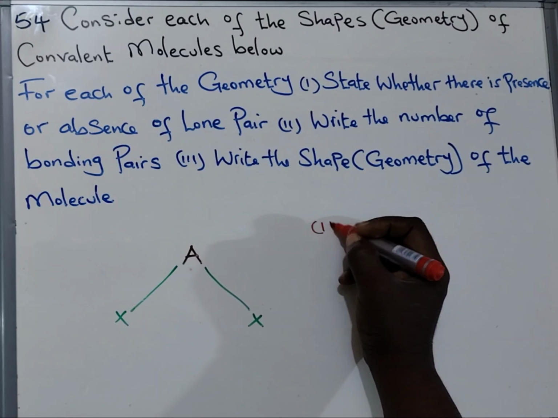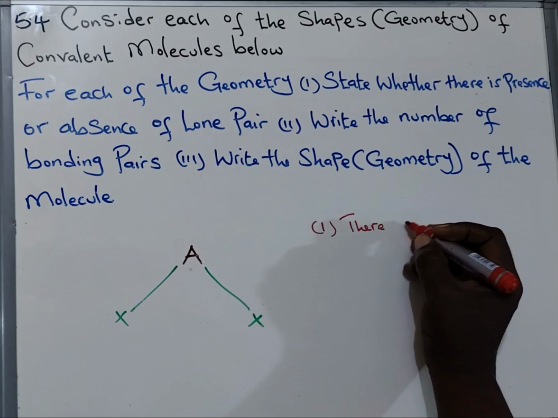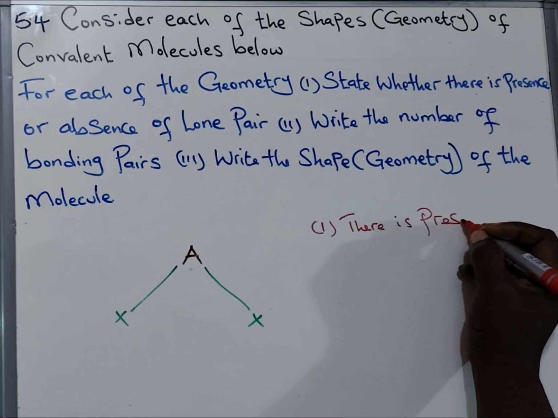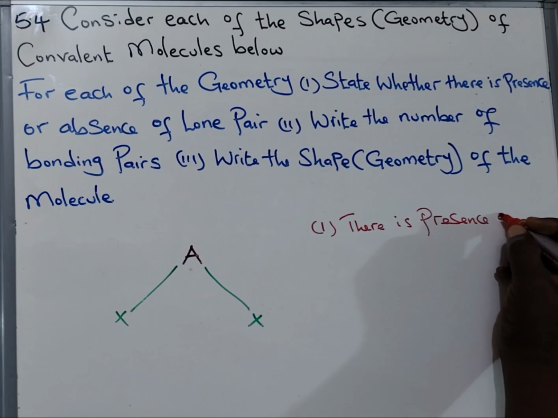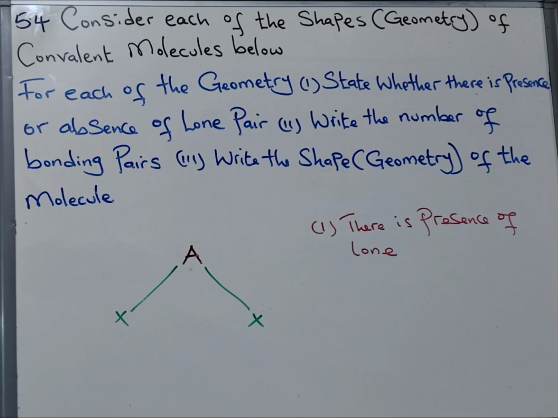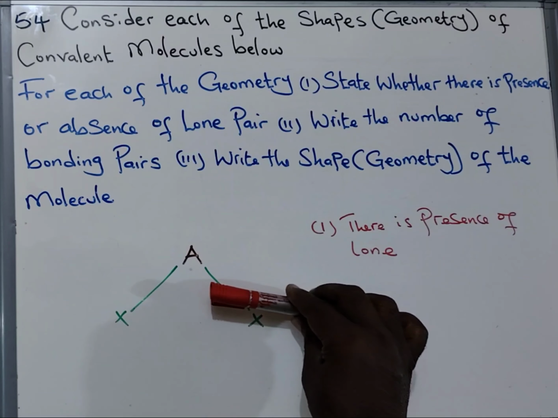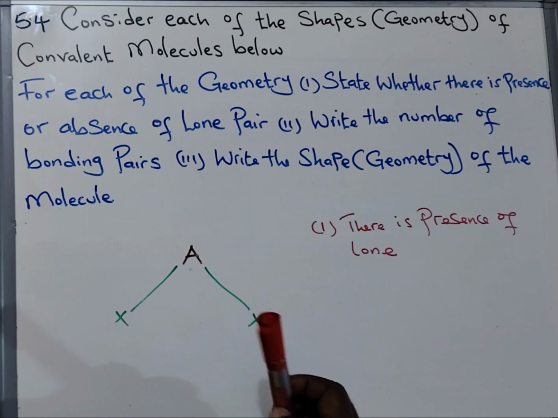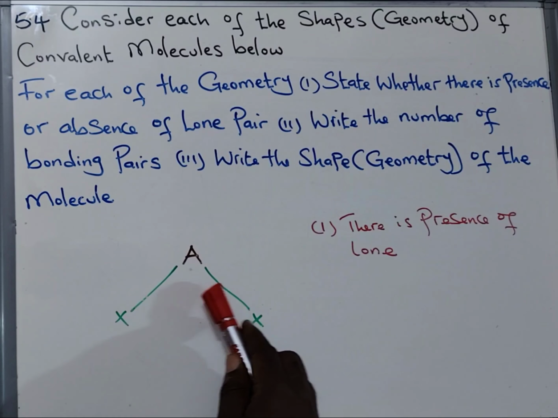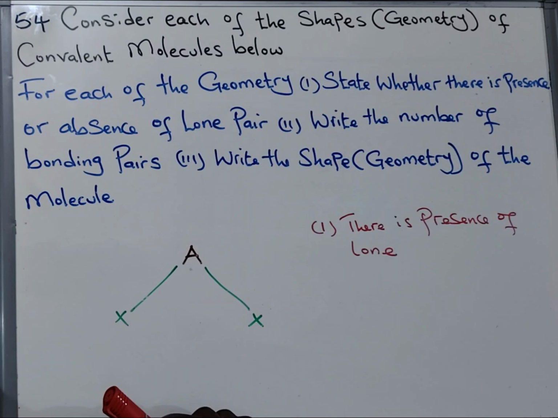The answer is there is a presence of lone pair. How do you predict that? We predict it from the fact that these bonding pairs are being forced. The force which is forcing this to curve is an invisible force, which is a lone pair.